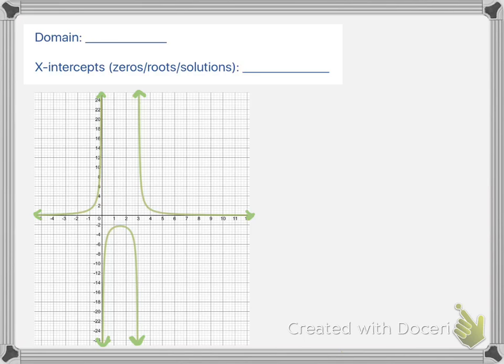Okay, those breaks seem to be happening right here at 0 and at positive 3. So when you talk about your domain, that would mean that you've hit all of the real numbers, any real number, but 0 and positive 3. Okay, your x-intercepts, it doesn't actually touch the x-axis, so it has none.